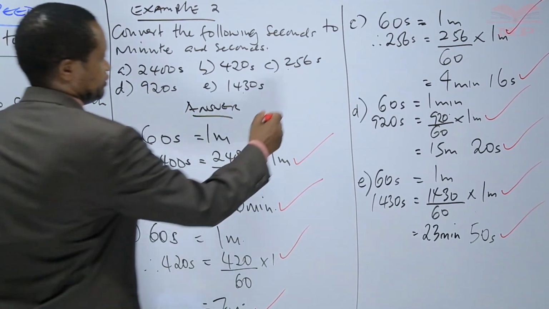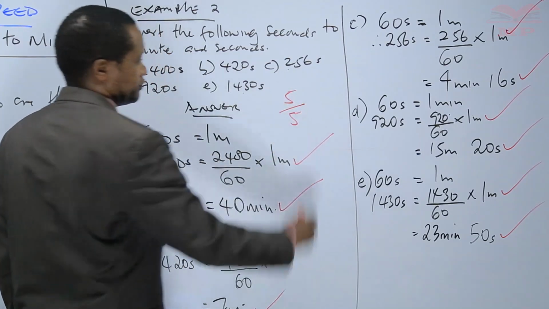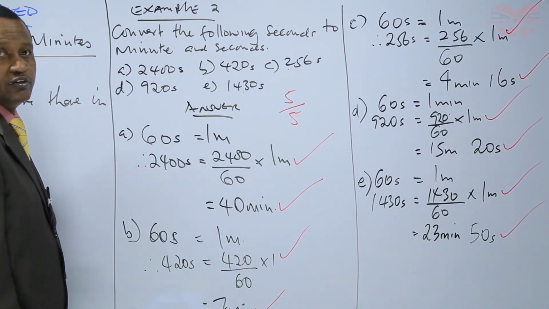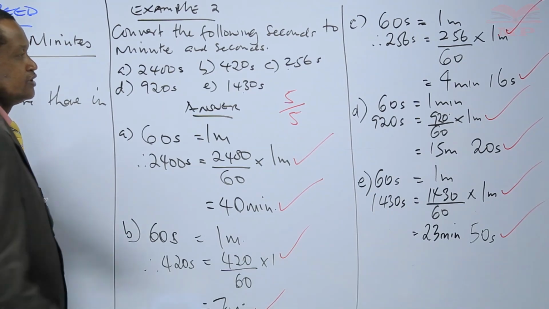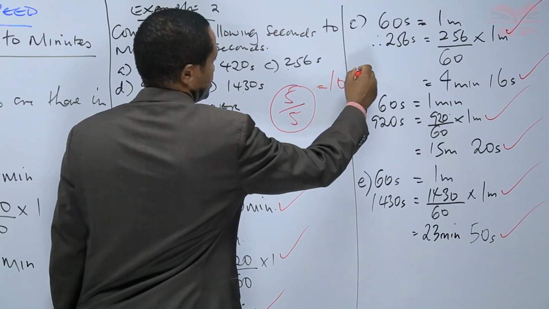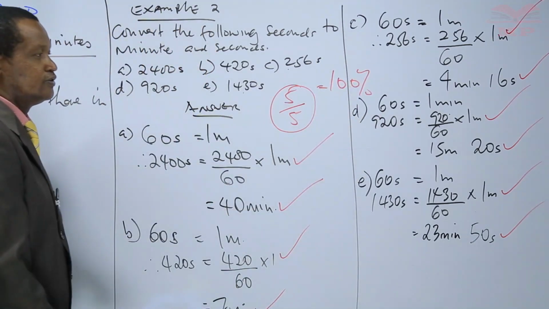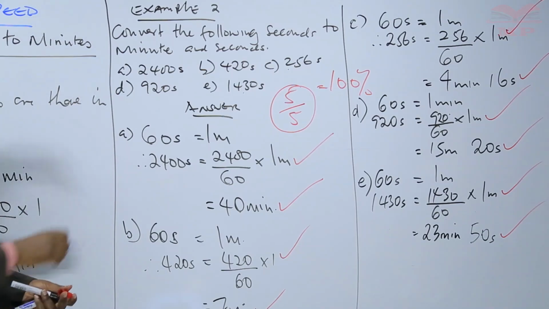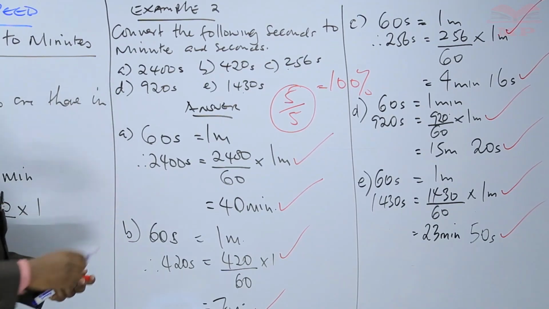So I have 5 over 5. This is equal to 100%. I've answered everything correct, so 100%.